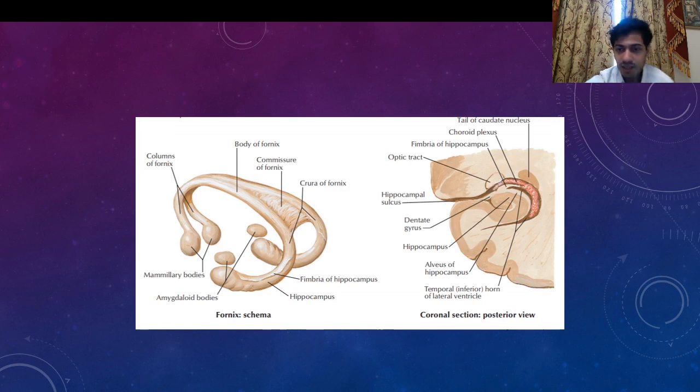It's hard to describe it to you, but the thalamus will be somewhere here, and this is all lateral. So our dentate gyrus here, and the optic tract is obviously in the anterior fossa. So that's roughly where our position is in the context of the optic tract, which is superior to the hippocampus.